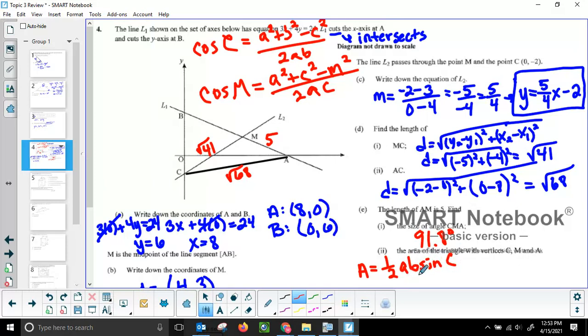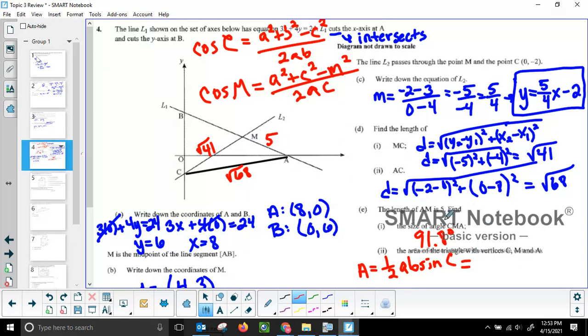This could be AC, and this could be angle B. This could be BC, and this could be angle A. It doesn't really matter. So basically, you're always doing the angle and the 2 sides that angle is between.